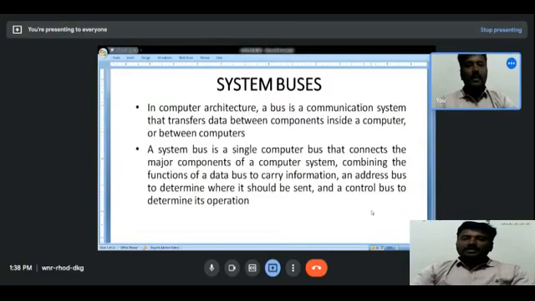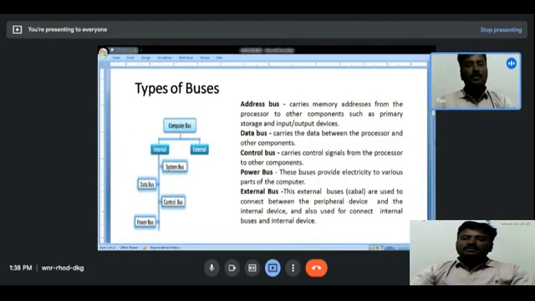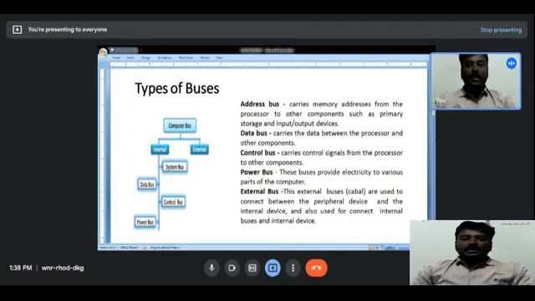Next we will move on to the types of buses. As I have already told you, there are different types of buses, such as the data bus, address bus, control bus, and in fact power buses and external buses also.